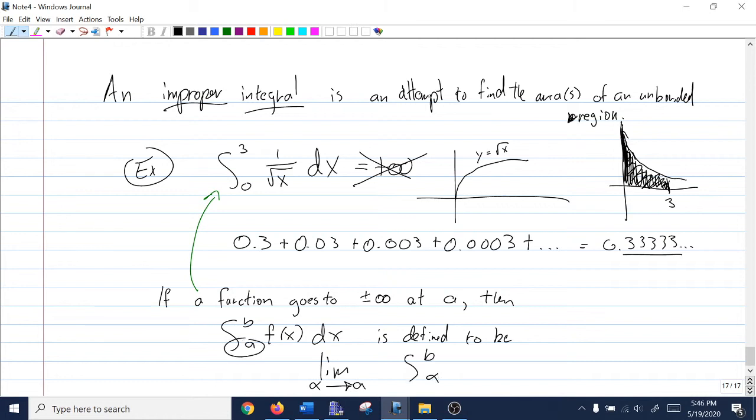The integral at the place where it goes to infinity is undefined. But I can integrate from any number a little bit to the right of that and say, what happens if alpha approaches a from the right?